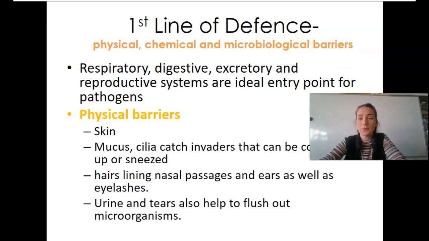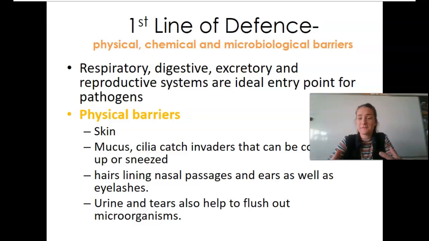So we have, and the female reproductive organs are a really good example of that. We've got a normal amount of, or culture, growth of bacteria and microorganisms, yeast, that will live in those passageways.